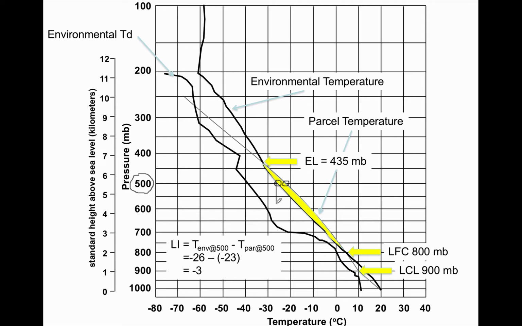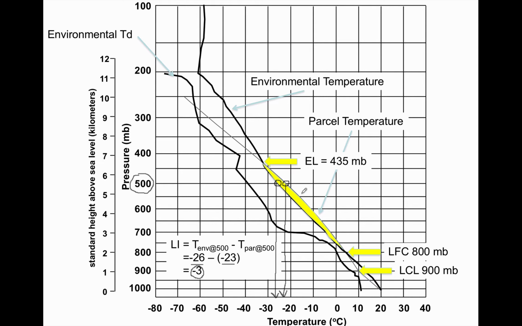Just read off the sounding all the way at the bottom down here what the temperature of the environment is. Let's call that minus 26. The parcel is here. We just go straight down to the bottom and read off its temperature. We've got a little squiggly there, but we'll call that minus 23. Well, minus 26 minus negative 23 is negative 3.